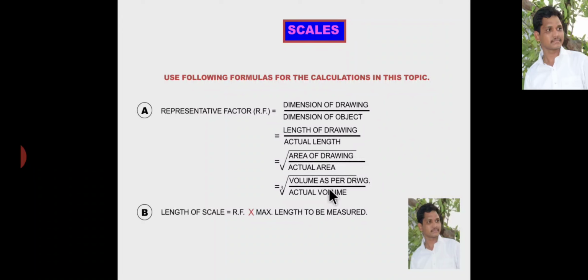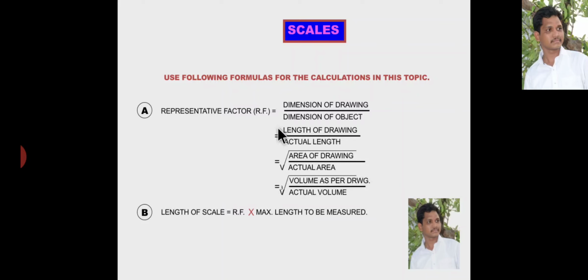Okay, in case of volumes, that means solid objects or three-dimensional objects, the formula for RF is equal to cube root of volume as per drawing divided by actual volume. Okay, actual volume means original size, and volume as per drawing means size of object on drawing sheet.